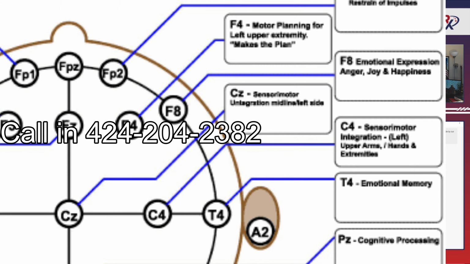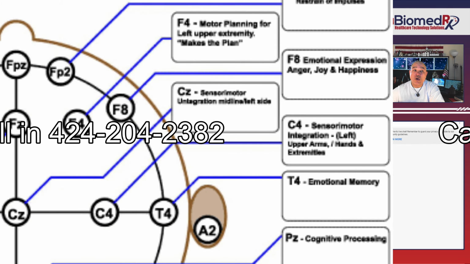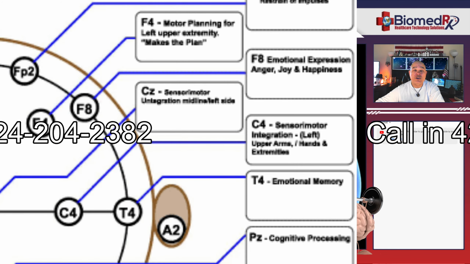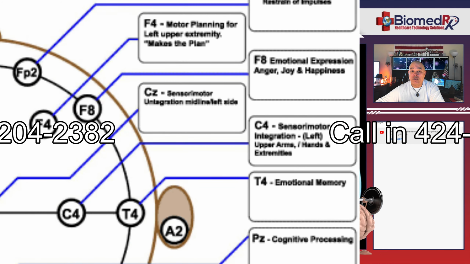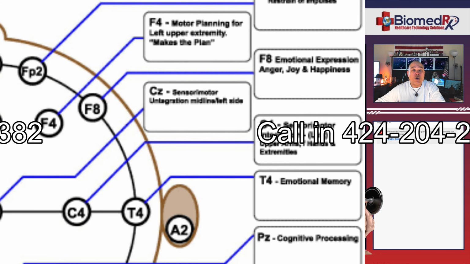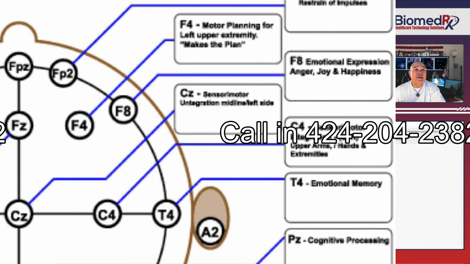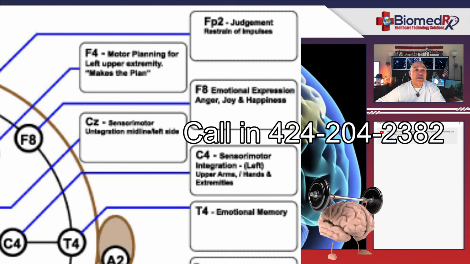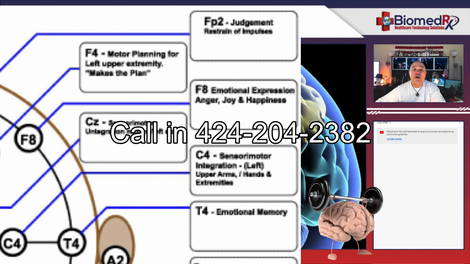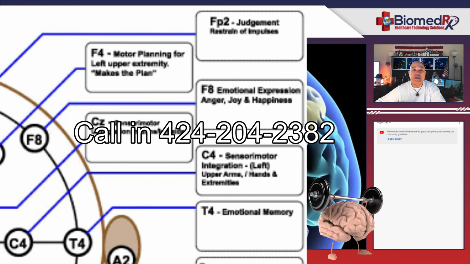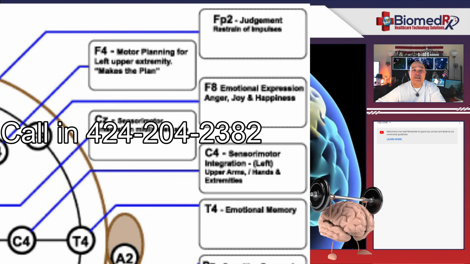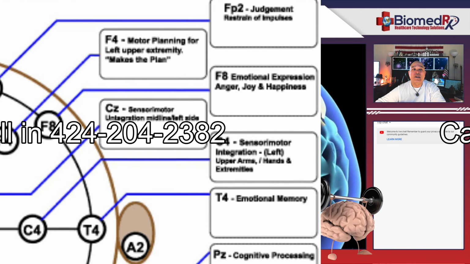Because we're talking about, once again, the motor cortex. When you're going along that line where you see the headphones, where a headphone band would go over the top of your head, you're going across your motor cortex, all right? C4, sensorimotor integration, left upper arms and hands, extremities, all right?